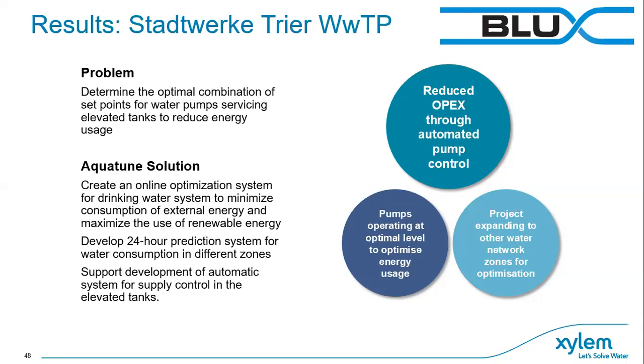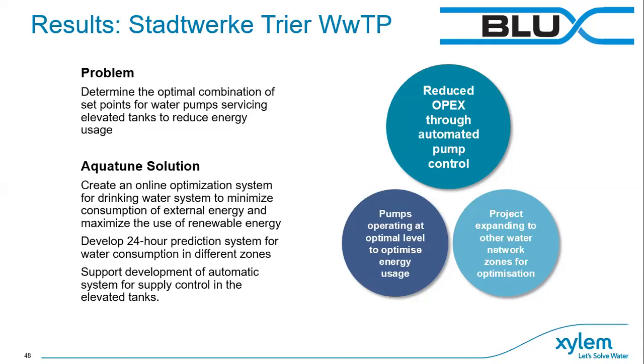And similarly here, this is a wastewater pumping project, and again we had a situation where the pumps were essentially just running on fixed speed for a fixed time scale throughout the day, and it wasn't as efficient as it could be.